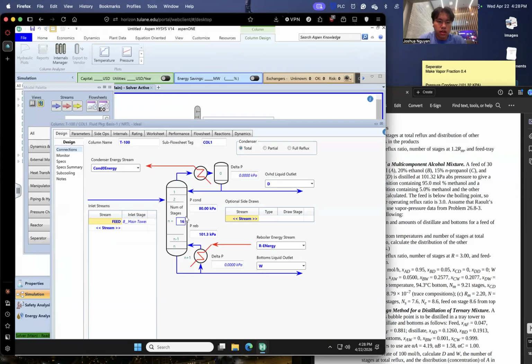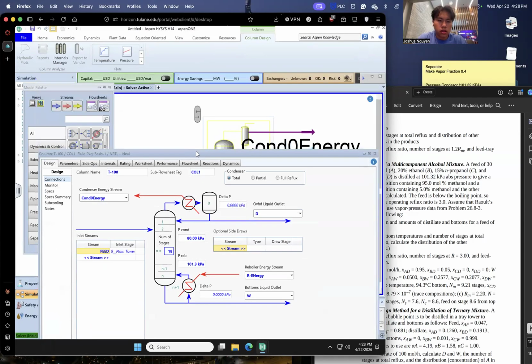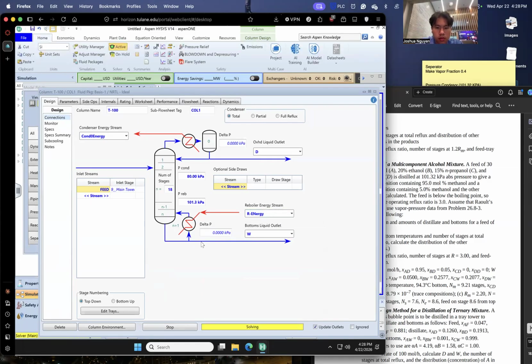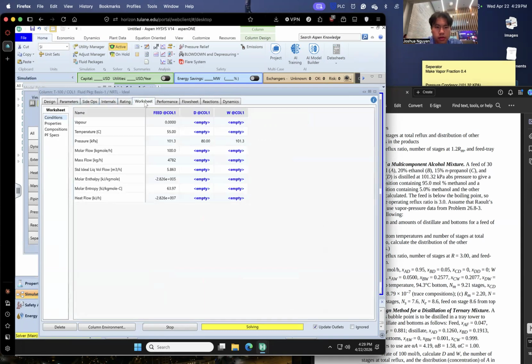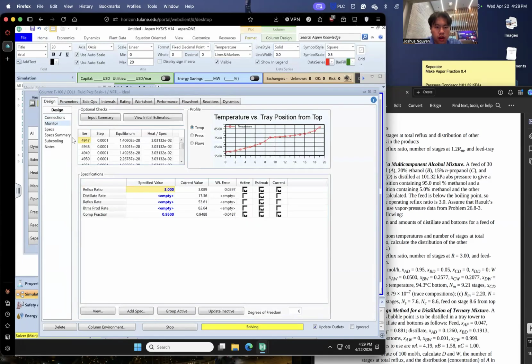Let me see what happens back in this stage real quick. Let's run that. Solves here.